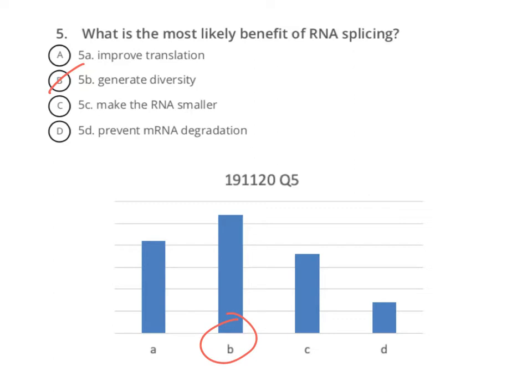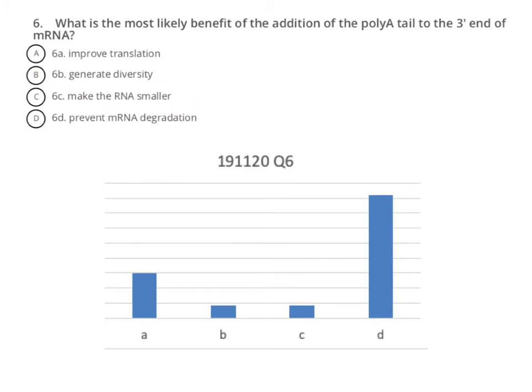We could debate whether it's a benefit, but that's why 5A isn't my choice of answer for this. It's true, but whether or not it's a benefit is up in the air, unclear. And then the polyA tail definitely, looks like most of you got that, prevents degradation, the benefit of having that tail. So what do I mean by capping, splicing, and polyadenylation?